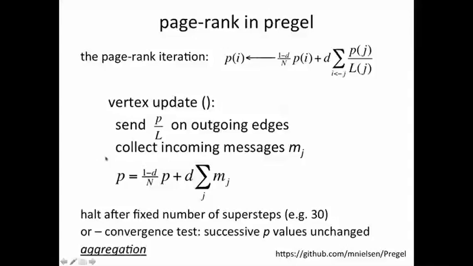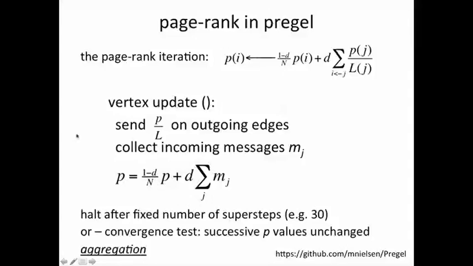In other words, I collect all the incoming messages from all my incoming edges, and I simply add them up, multiplying them by d, and add them into (1 minus d) by n times p, and replace p with this value as per this formula.